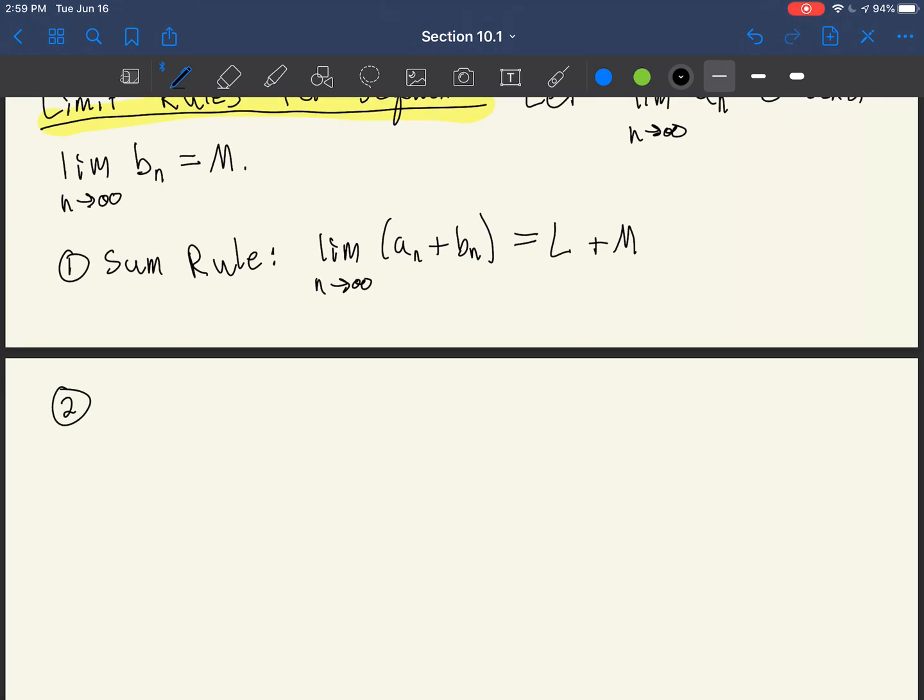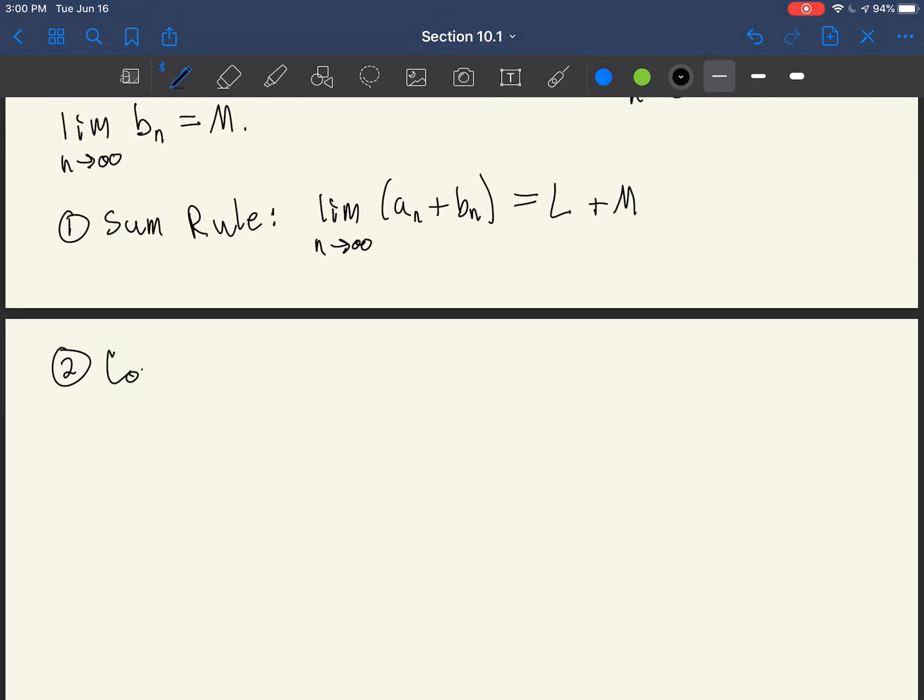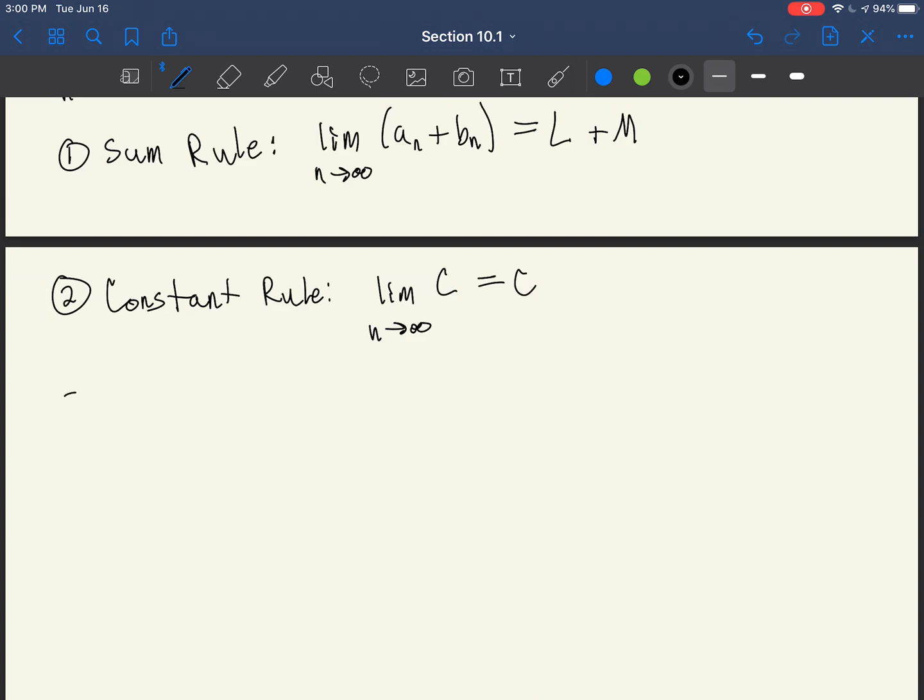We have the constant rule. And that is the limit of a constant is just a constant. We have the product rule.